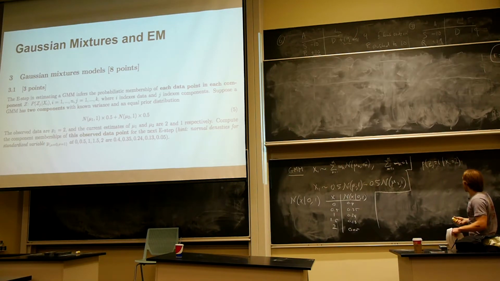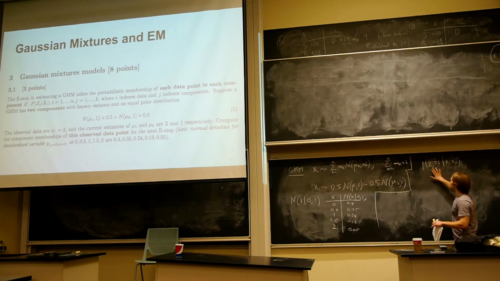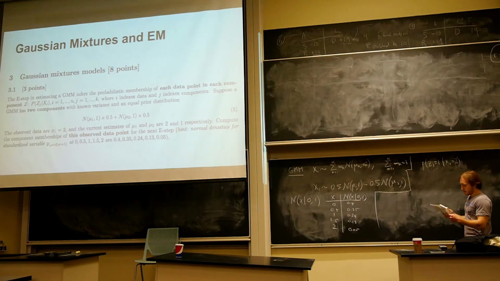We can drop the j subscript, since it indexes the observations and we only have 1. So: the probability that the first assignment is equal to 1, given our first observation is equal to 2.